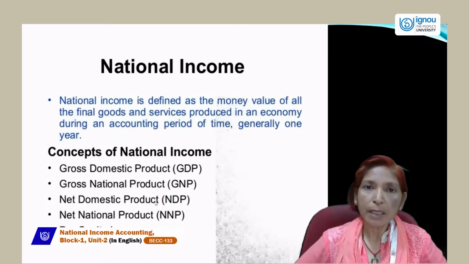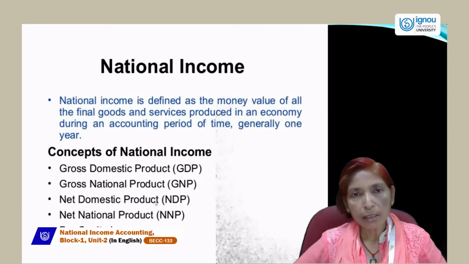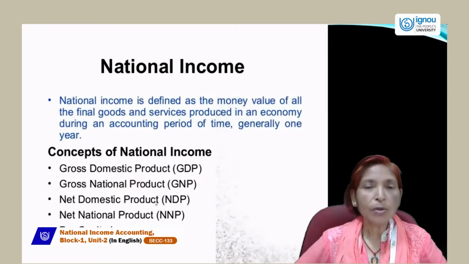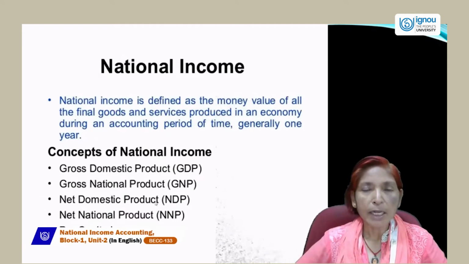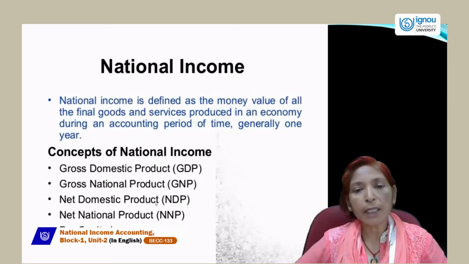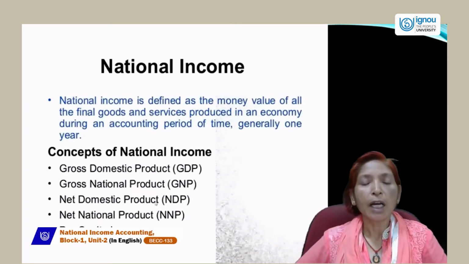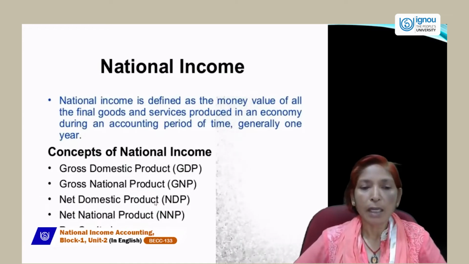Next is NNP: N is net, the other N is national, P is product. So gross domestic product, gross national product, net domestic product, net national product, and per capita income can all be estimated with the help of national income.